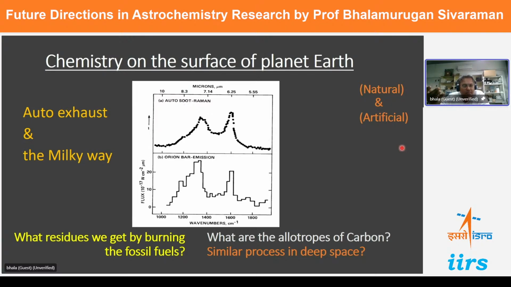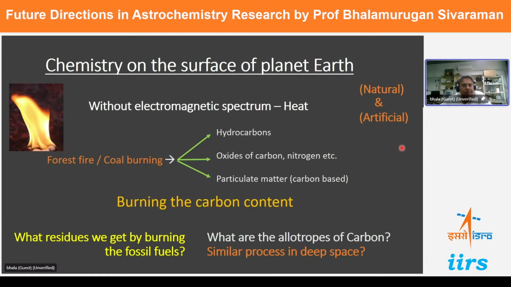There is a similarity between them. So something is being made artificially, and both of them have some similarity. There's a strong chance that the chemistry is more or less similar, whether it's happening in the internal combustion engine or deep in space.